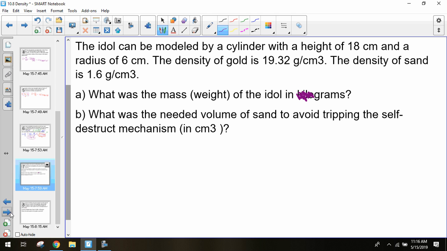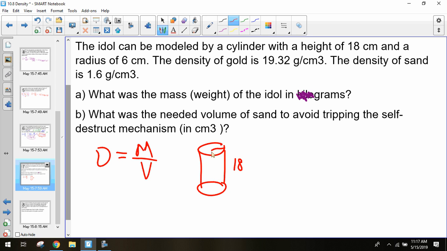How can we go about finding the mass of this? Okay, so we know density equals mass over volume. We know we have this little idol. It's roughly cylindrical in shape. The height of our idol, I think we were told, was 18.